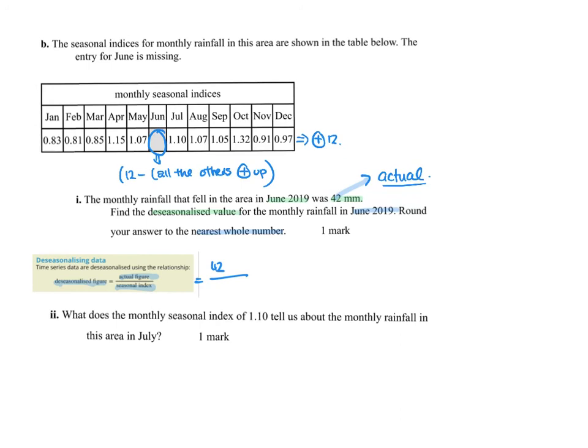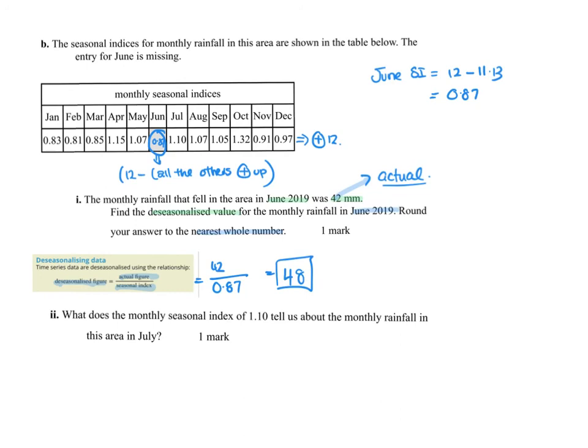So June's seasonal index is 0.87. Now I can divide 42 by 0.87, and to the nearest whole number it ends up being 48.